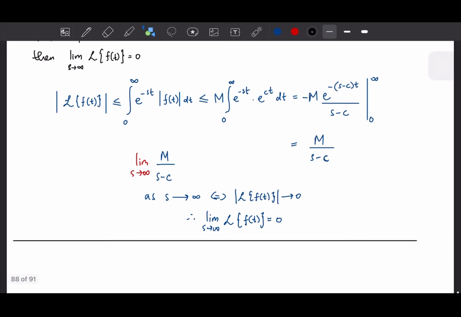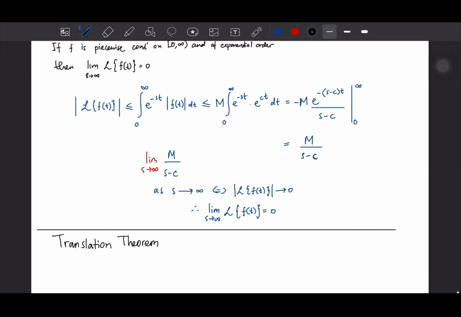Okay, let me end the course with an introduction to the next section, which is the translation theorems. So the translation theorem is where we are going to shift our graphs, okay?